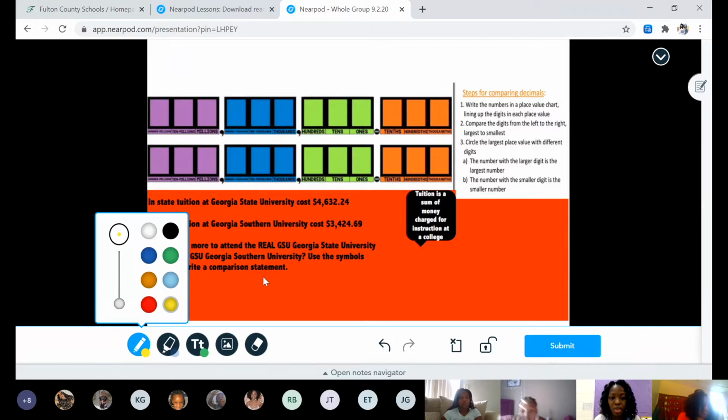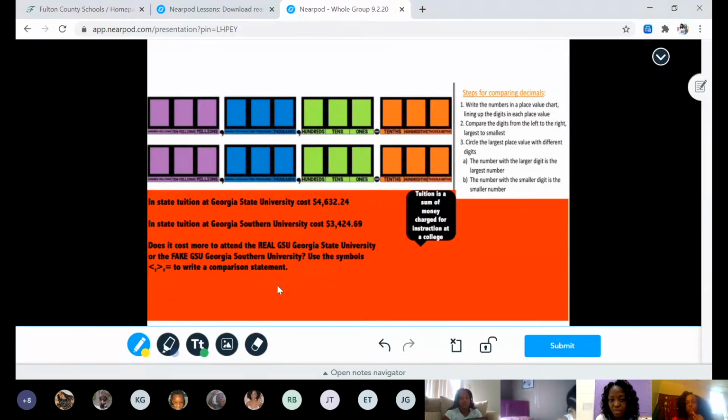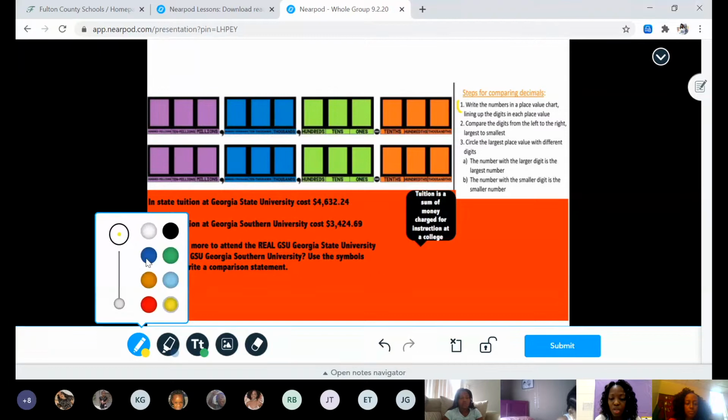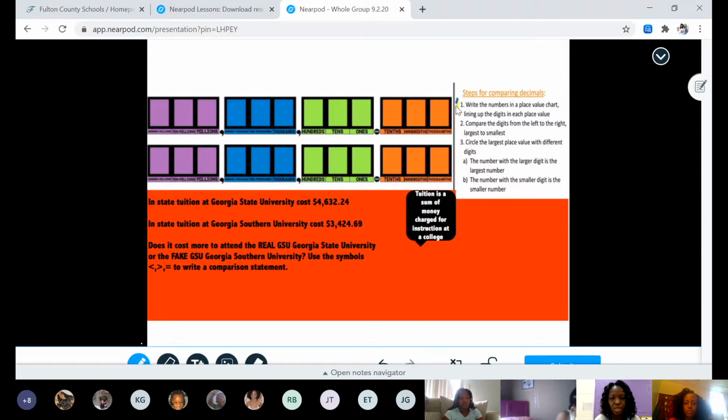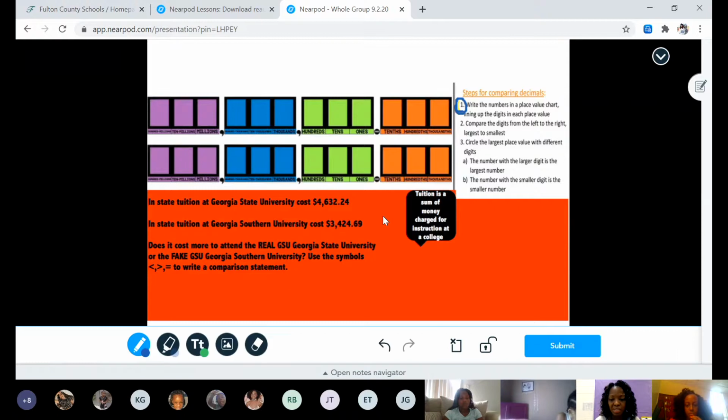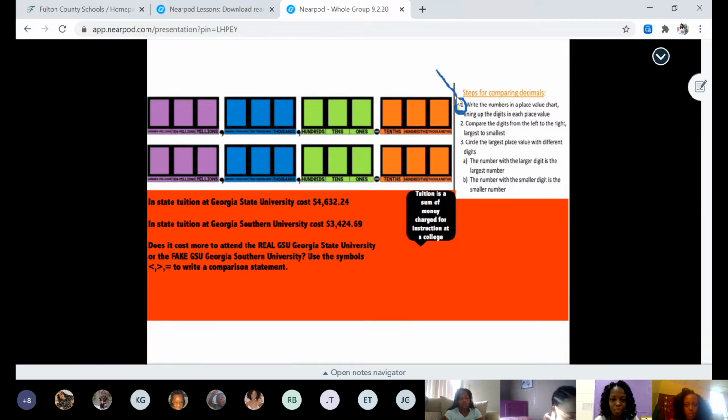So when we have two decimal numbers that we want to compare, the first thing we have to do is write the numbers in our place value chart. You'll notice that there are two place value charts. The first one is for the first number, and the second one is for the second number. I'm going to make sure that as I'm writing the number, I'm putting each digit in the correct place value where it belongs. So that's step one.